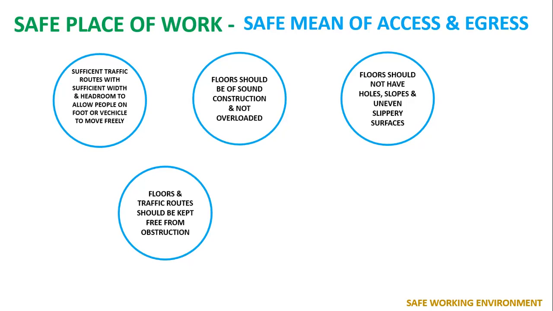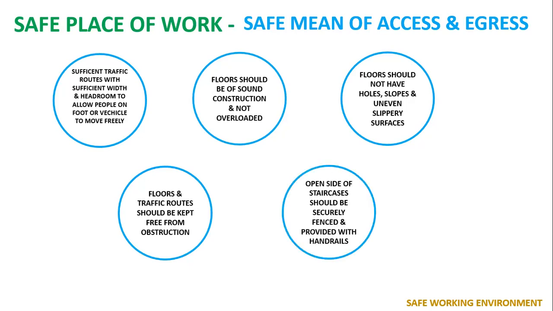Floors and traffic routes should be kept free from obstruction. Open sides of staircases should be securely fenced and provided with a handrail. These are the general requirements for the safe means of access and egress.